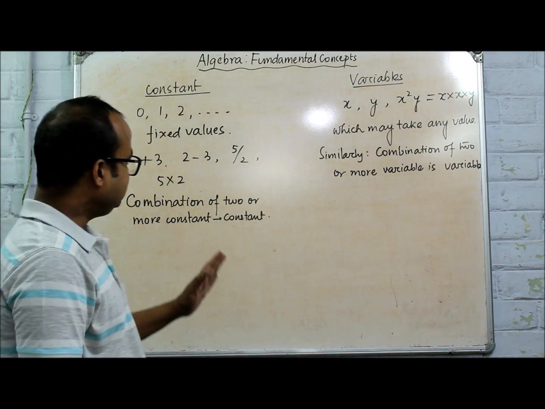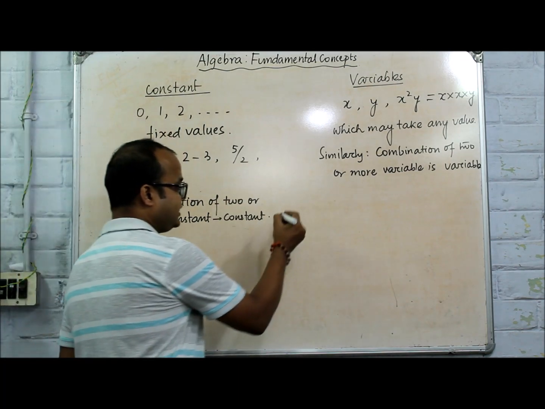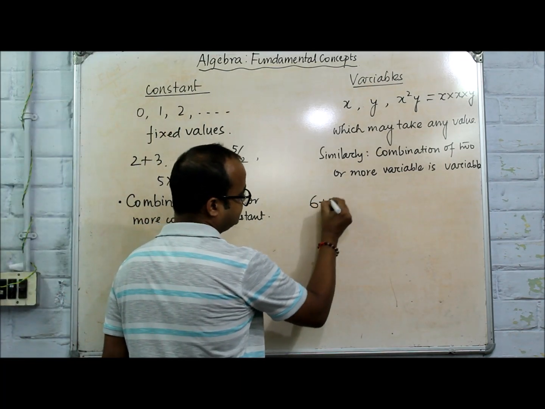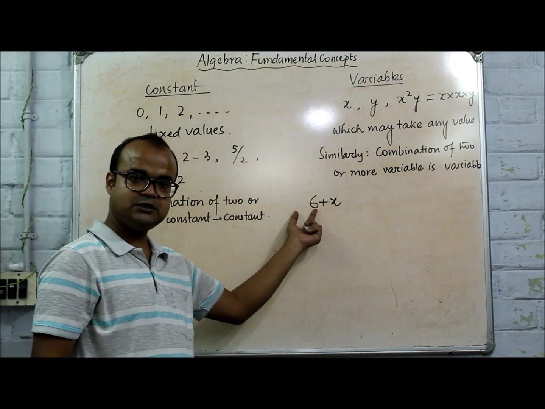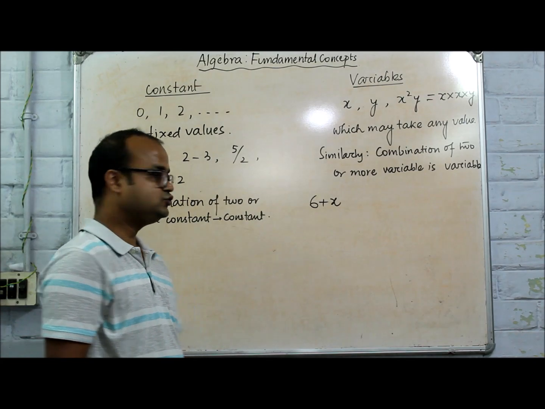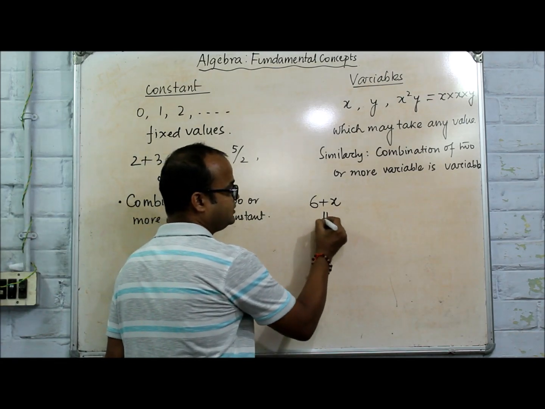Now if I mix the two, suppose I write 6 plus x, it is a combination of constant and variable. So this is always a variable.